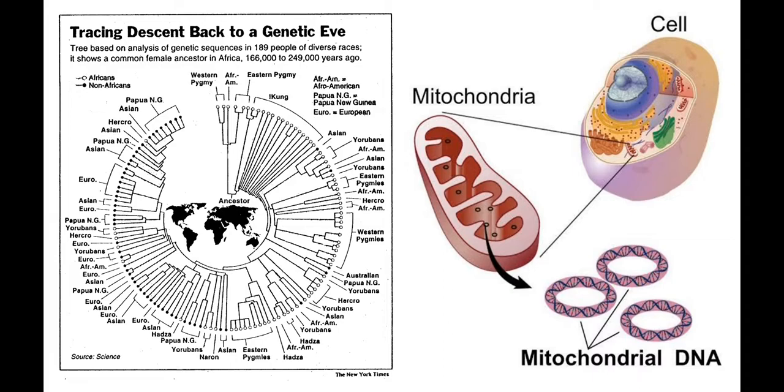So you have oxygen, you have these nutrients, and mitochondria burn them, and the end products are CO2 and water. Mitochondria have their own mitochondrial DNA. It is not the same DNA as in the nucleus. These mitochondria are very, very important for the cell. They have to be healthy.